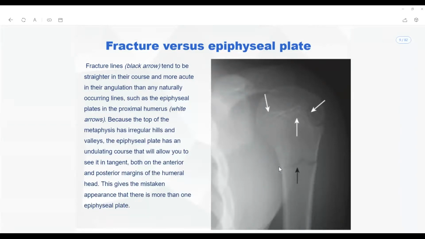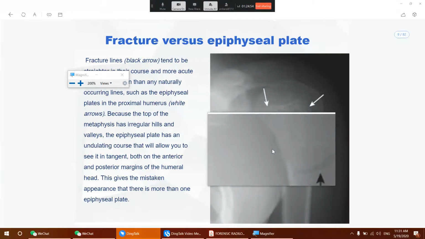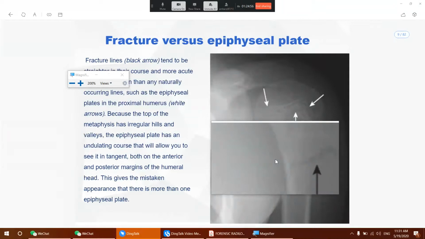Let me share it again with the magnifier. Just a second. See here, can you see where the mouse is pointed? Can you see the disruption of the cortex here? Yes or no?